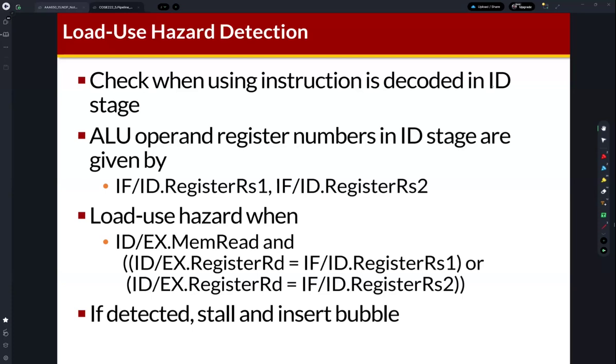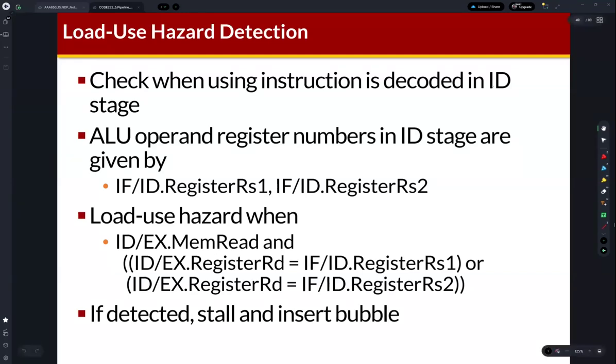When we design the hazard detection unit, we first think about the conditions. Condition means how can we detect these load use data hazard cases, right? So what is the condition?